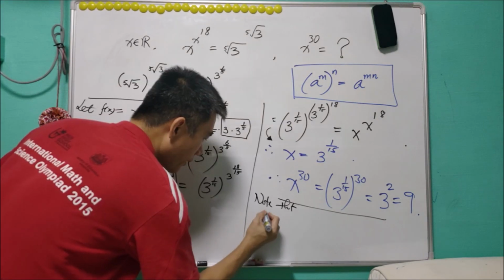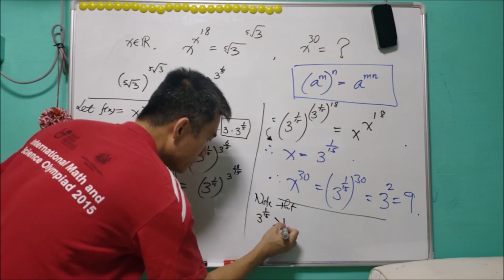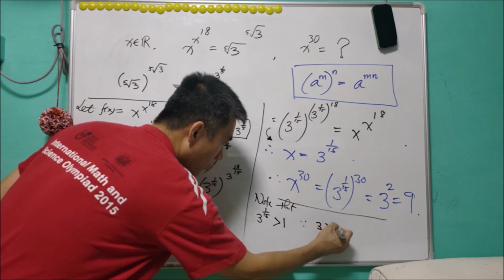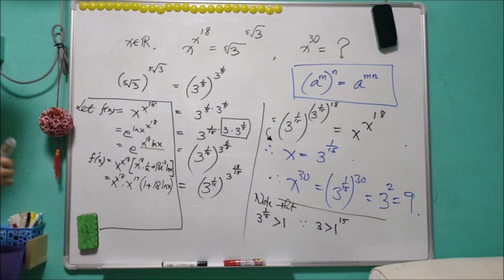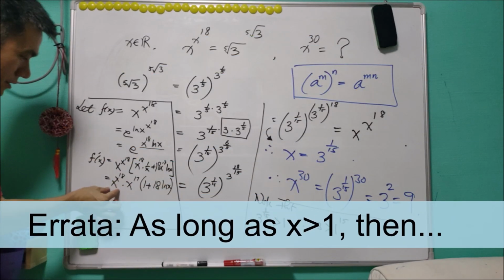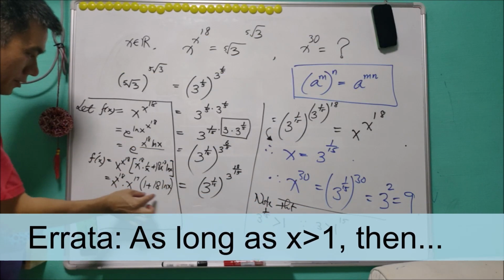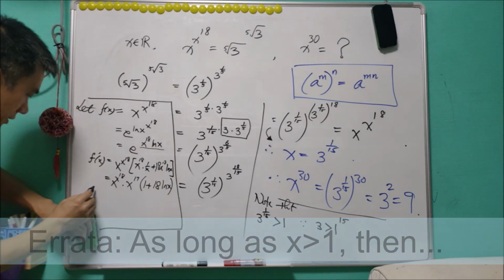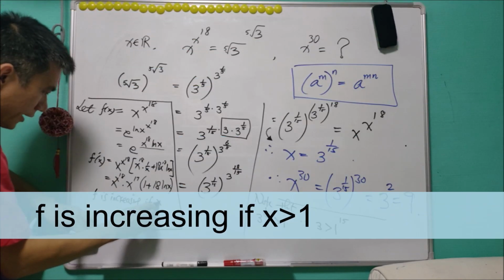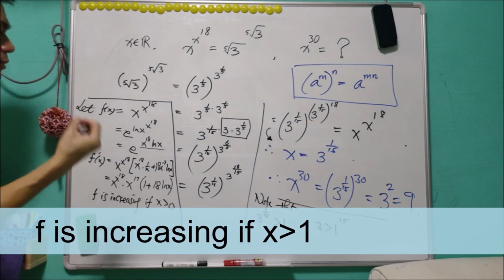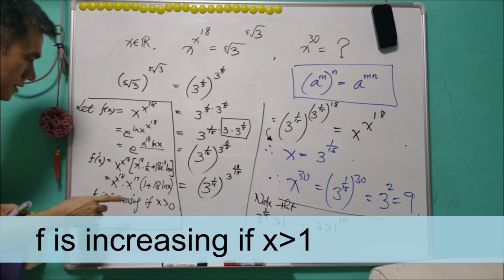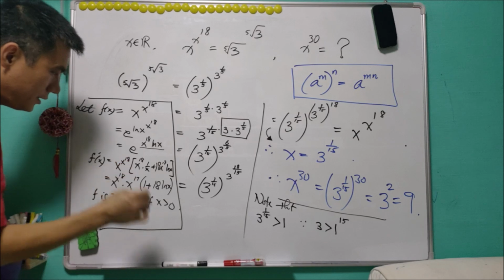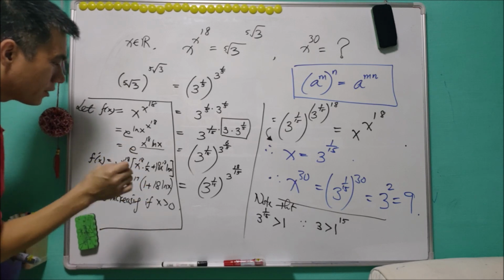Note that 3 to the power of 1 over 15 is more than 1. Why is it so? Because 3 is more than 1, to the power of 15. As long as x is positive, this term is positive, log x is positive, so everything here is positive. f is increasing if x is positive. To be more precise, f is increasing if and only if x is greater than e to the power of negative 1 over 18.